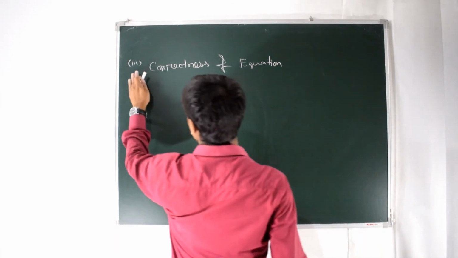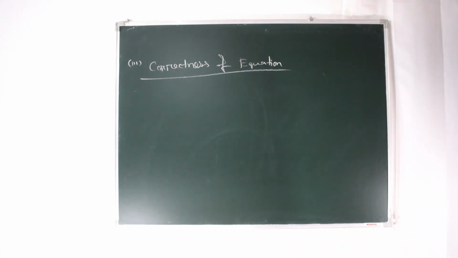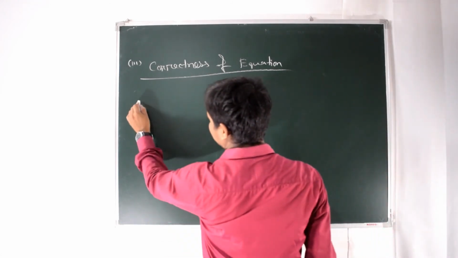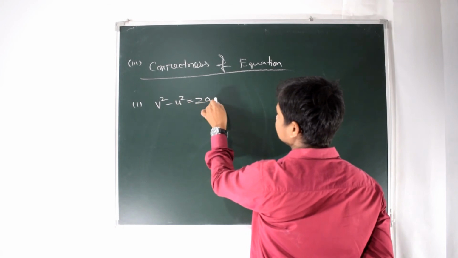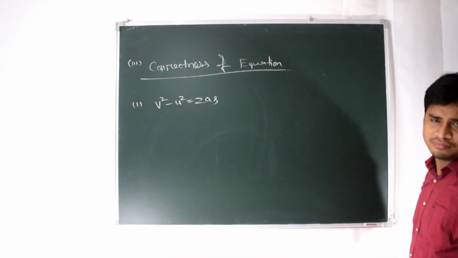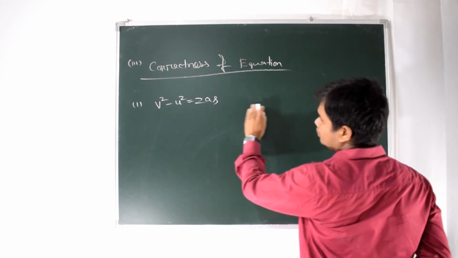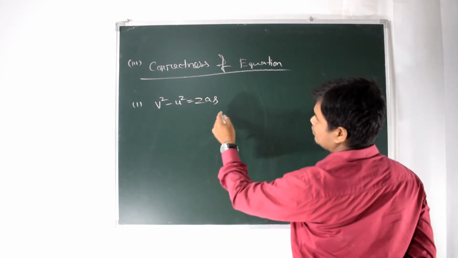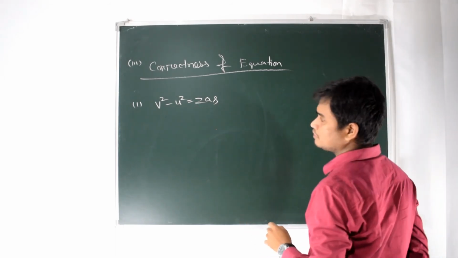We have to check whether the equation is correct or not. One equation is given, v square minus u square is equal to twice a s. We know this in laws of motion in class 9.